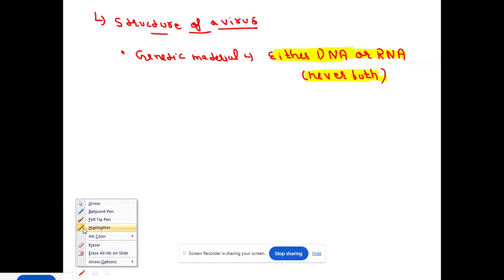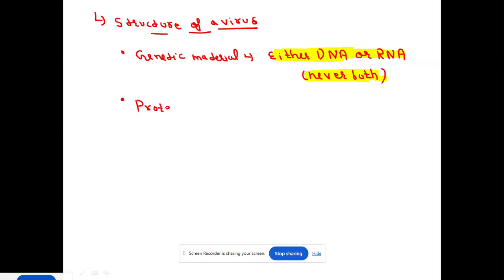Our next heading is what? Next heading is protein coat. Okay, the protein coat in case of the virus is called the capsid. So actually this protein coat or capsid is what? It is going to do the work of protection.